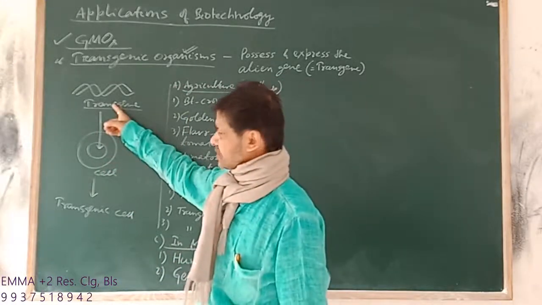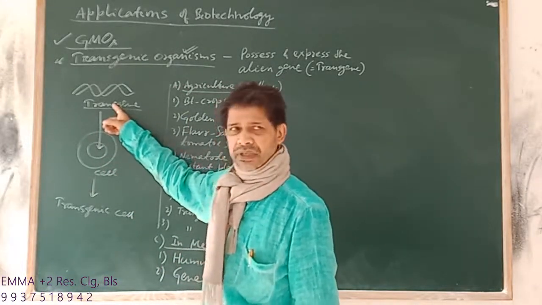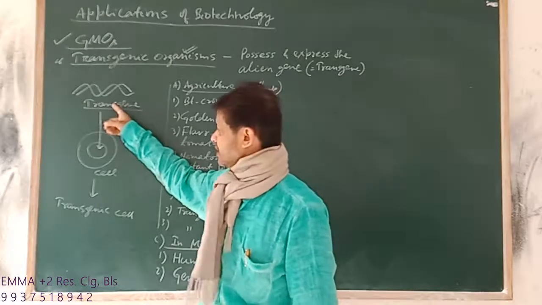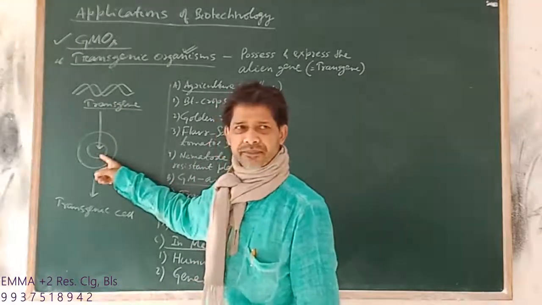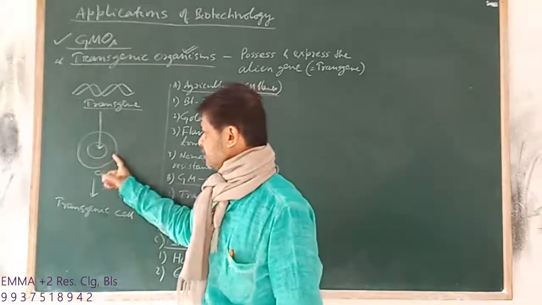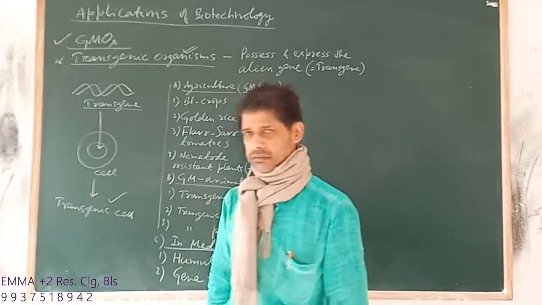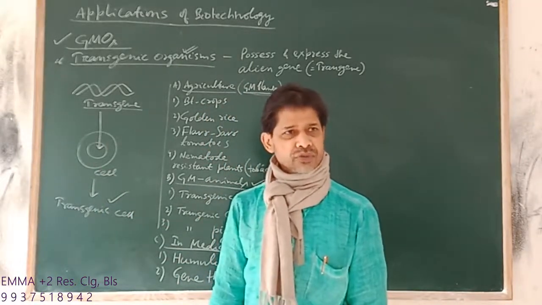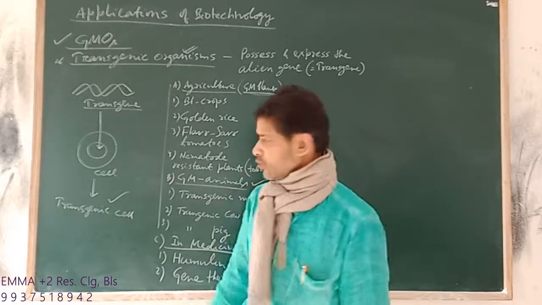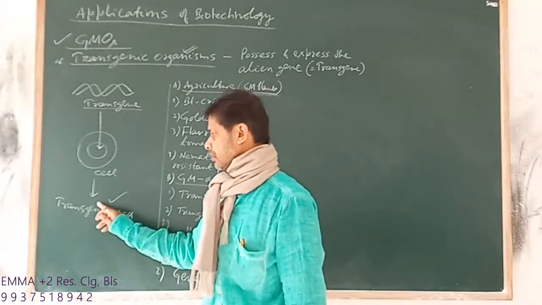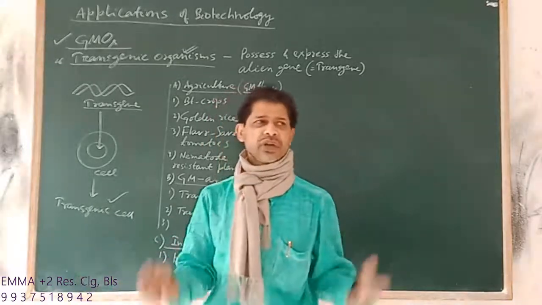By means of recombinant DNA technology, this transgene is inserted into a cell, and this cell now becomes a transgenic cell. By tissue culture technique, we can convert this cell into an organism.